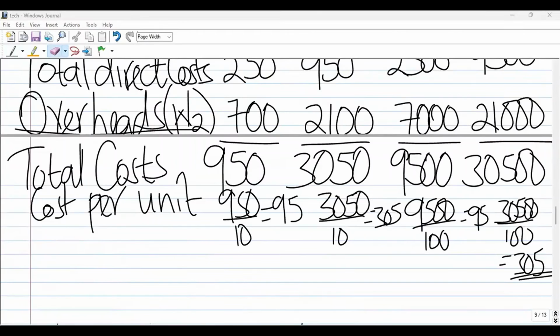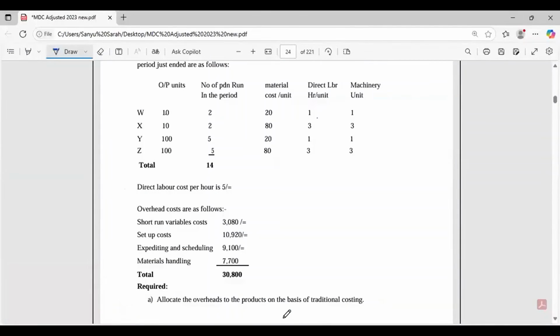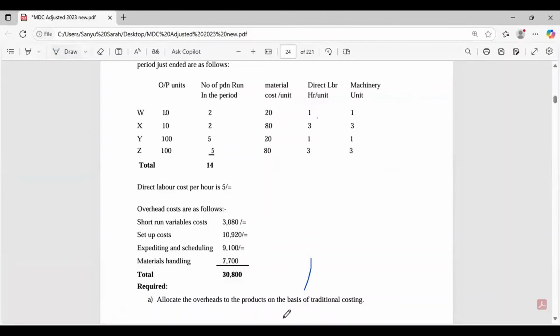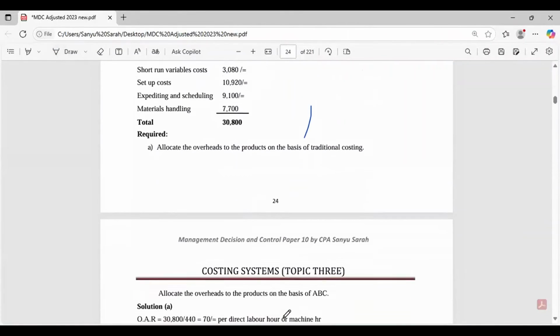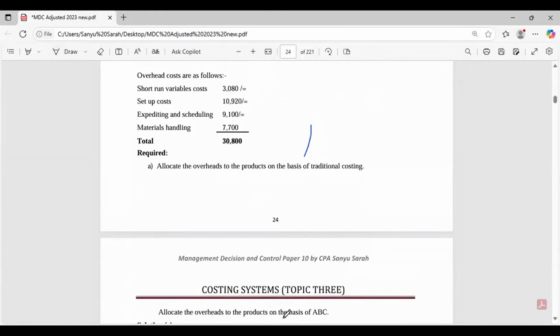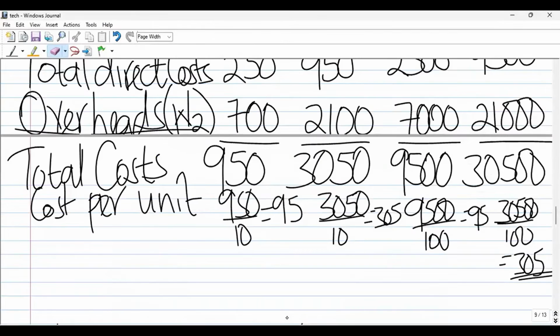Remember, the question was to allocate the overheads to the products on the basis of traditional costing. That is how we allocate. Then in part B, they said allocate the overheads to the products on the basis of ABC. David, I see your hand is raised. Do you have a question?